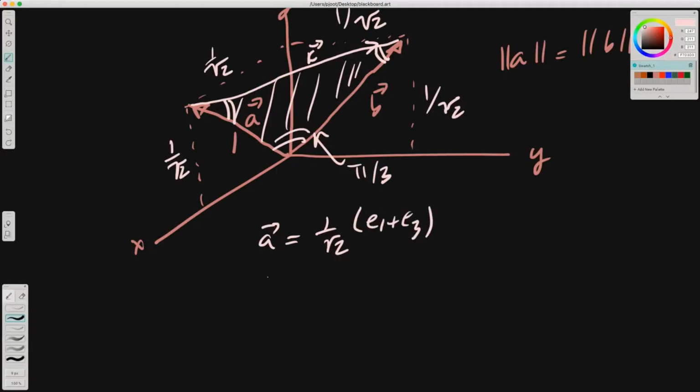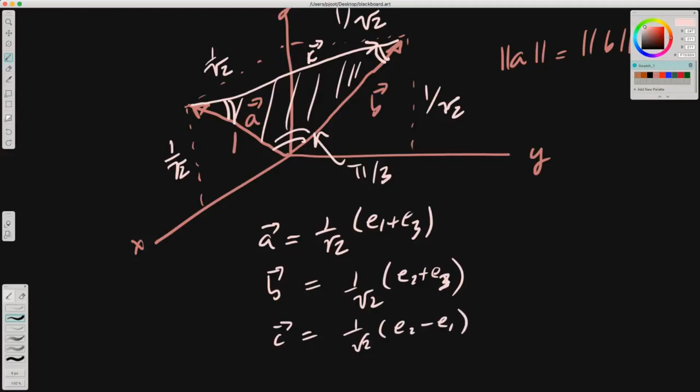We're going to write B in coordinates, 1 over root 2 of E2 plus E3. And C is B minus A. So that is 1 over root 2 of E2 minus E1. You see that all of these have length 1.